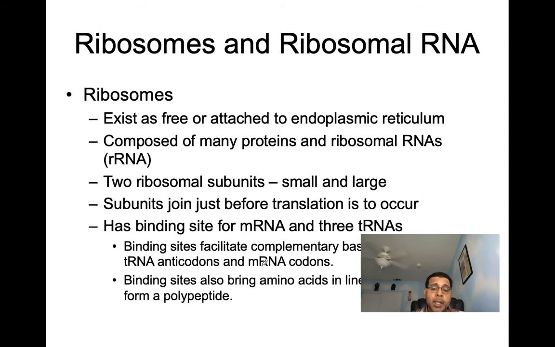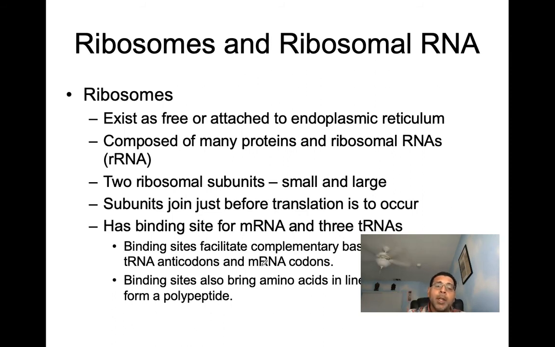I like to think of this process now as a party, right? The party is going to happen and we invite guests to the party. mRNA is a guest, tRNA is a guest, and the party is happening at the ribosome's house or the rRNA's house. So mRNA is invited, tRNA is there, all the RNAs are there. So when ribosomal RNA is having a party, it has to accommodate the guests and have seats for them.